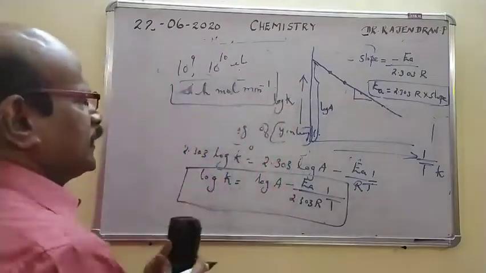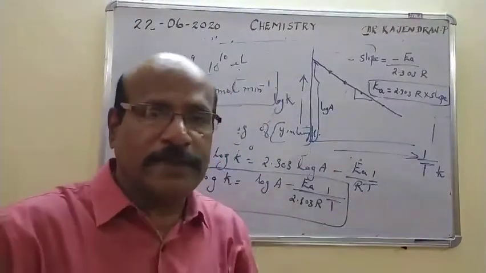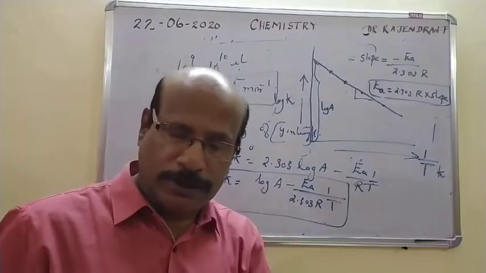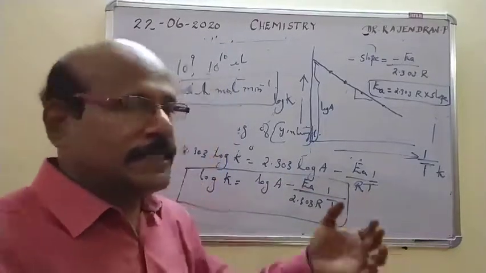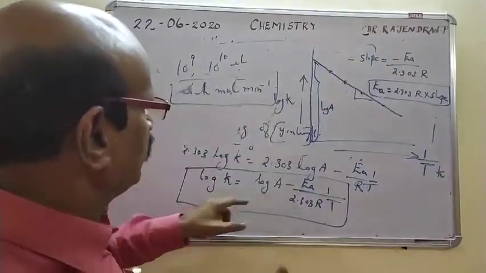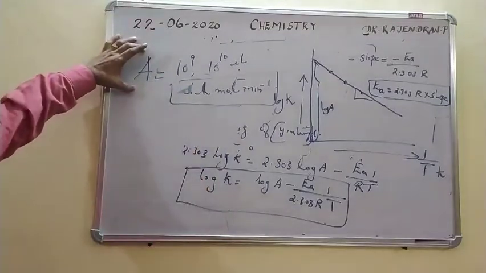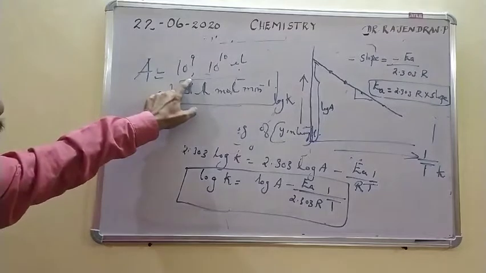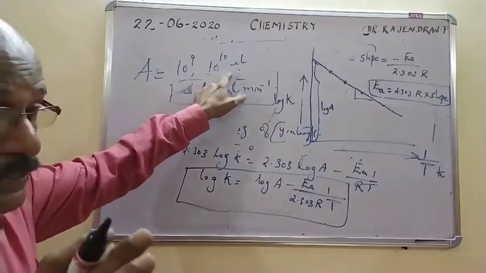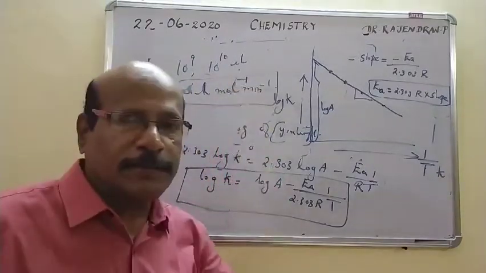In the case of a gaseous phase bimolecular reaction, like H2 plus I2, N2 plus O2, H2 plus O2, the collision frequency A value is numerically found to be 10 raised to 9, 10 raised to 10, which is a very high value, in liter mole inverse minute inverse.